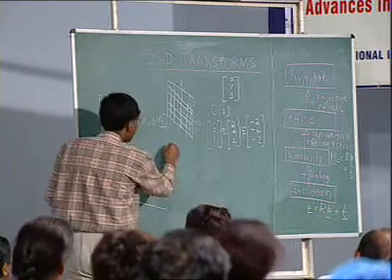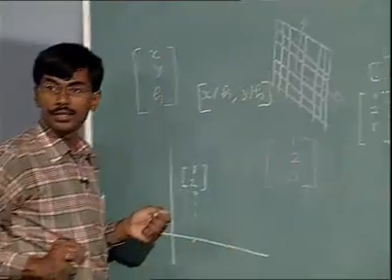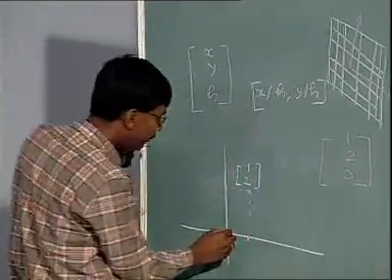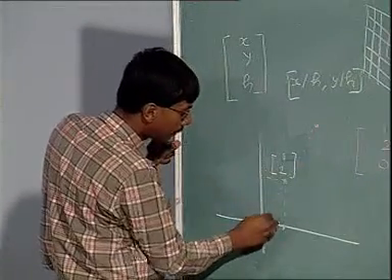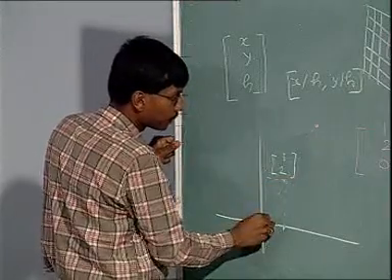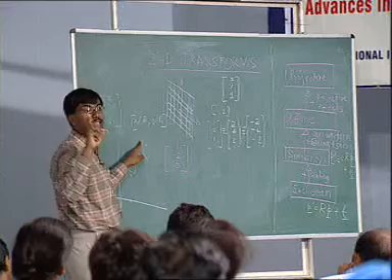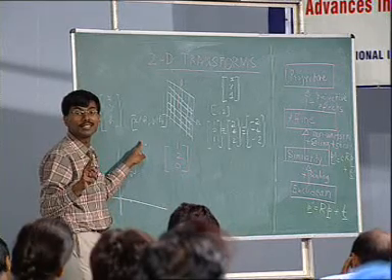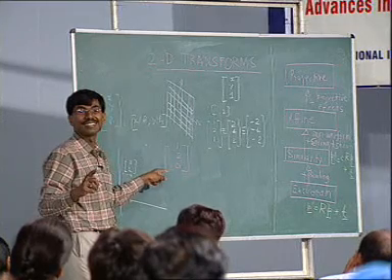For an infinite point, let us say I have 1 2 0. 1 2 0 is an infinity in the direction of point 1 comma 2. It is an infinity. So, now you have a unique representation of infinity. You have an infinite number of such infinities.